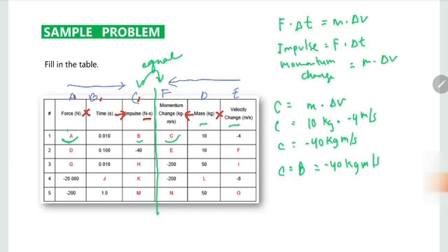I can solve for the force, letter A. Now I have the impulse. By the way, I suddenly wondered: I said the unit is N times s, so how does that come out as kilogram meter per second?